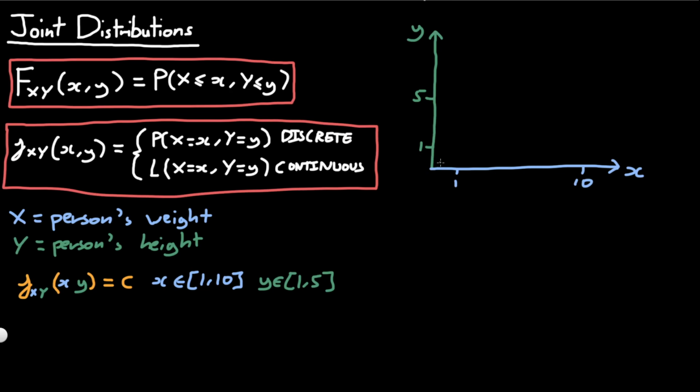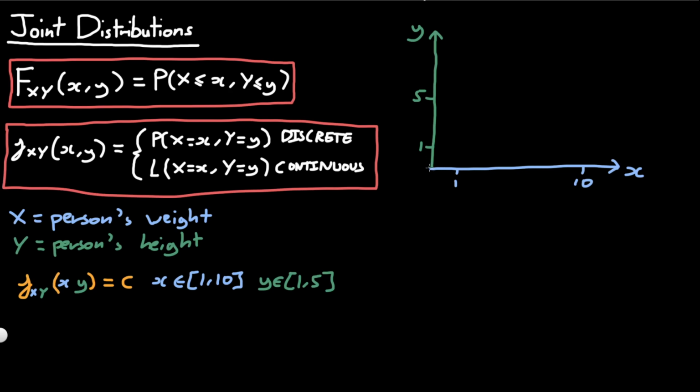But now if we imagine a third axis coming out of the screen, which would represent the probability densities, because this will be a 3-dimensional function, there will actually be a plane across the relevant range set to a constant value c. So I'll repeat that again.